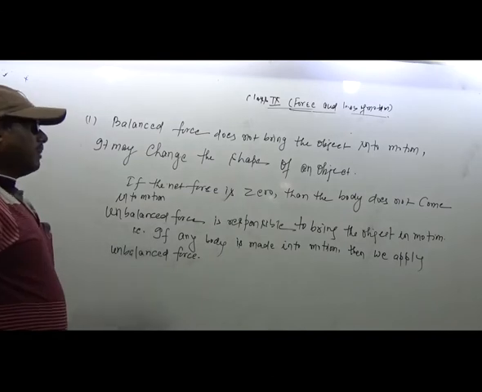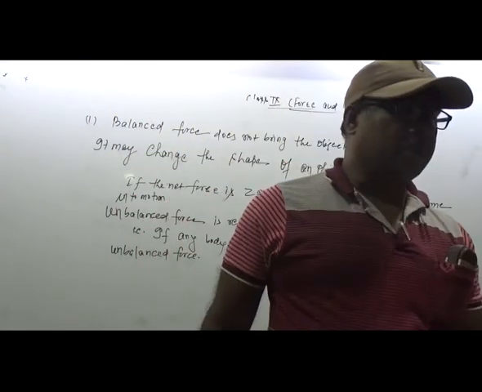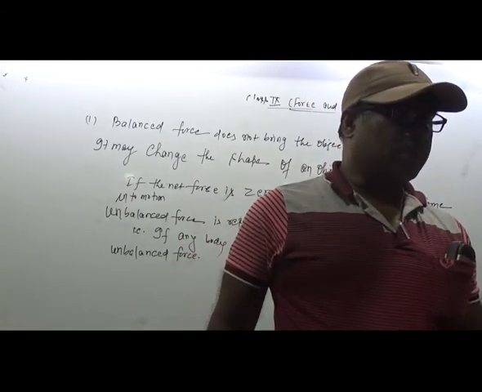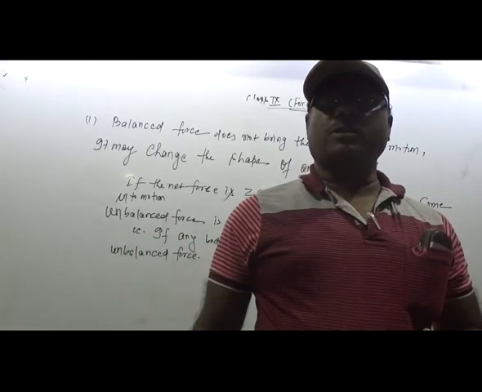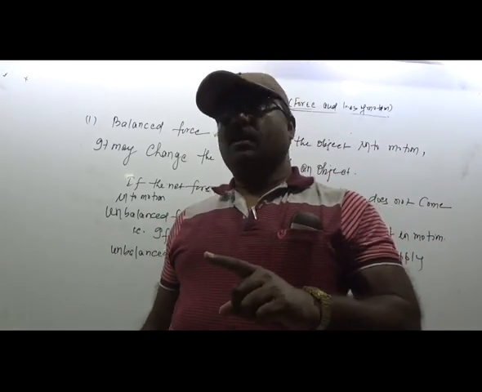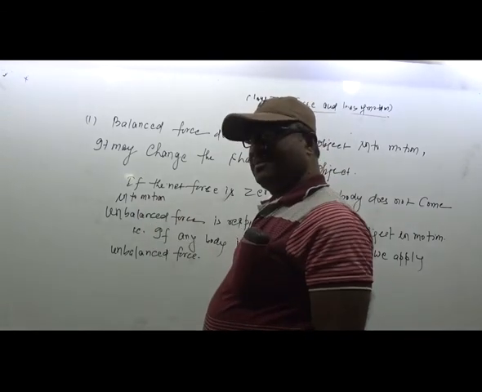So, balanced force does not bring the object into motion. What can it happen? It can change the shape, it can change the direction. Unbalanced force, what is the net force? Net force is not zero.